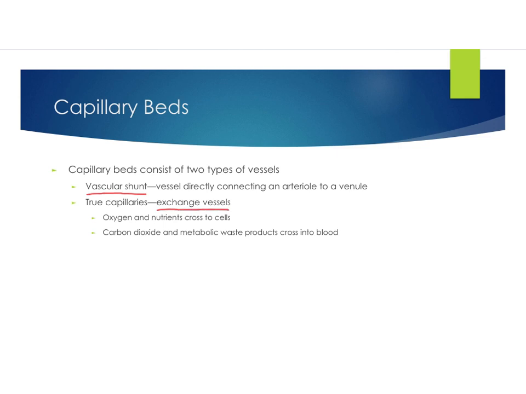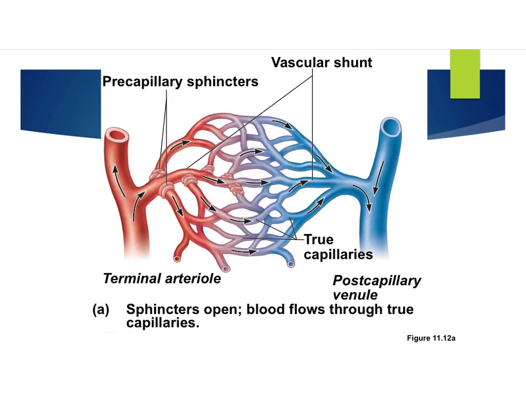So this is where oxygen can cross to your cells and carbon dioxide can be retrieved from your cells, where it will eventually go to the lungs. In this diagram, you can see how capillaries are connected to arterioles and venules. And you can see the vascular shunt is this structure here and how it connects the arteriole directly to the vein or to the venule.